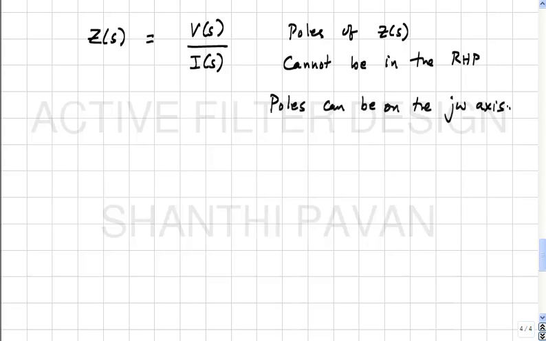So Y of S also cannot blow up because Y of S can be thought of as the response function when you apply voltage and measure the current. Okay. So the poles of Z of S or Y of S cannot be in the RHP. Poles and zeros can be on the j omega axis.